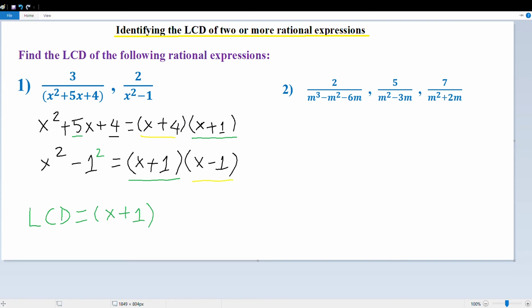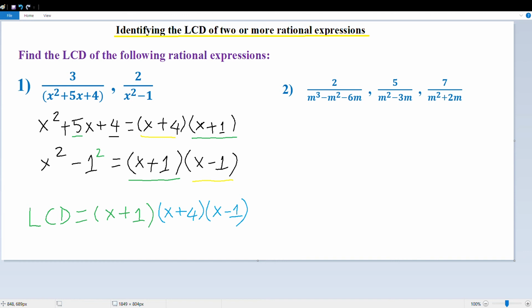So we'll say times x plus 4 and then x minus 1. Now since we have all of these factors included here, the product of the common factor as well as the remaining factors, this is the least common denominator for the first problem.